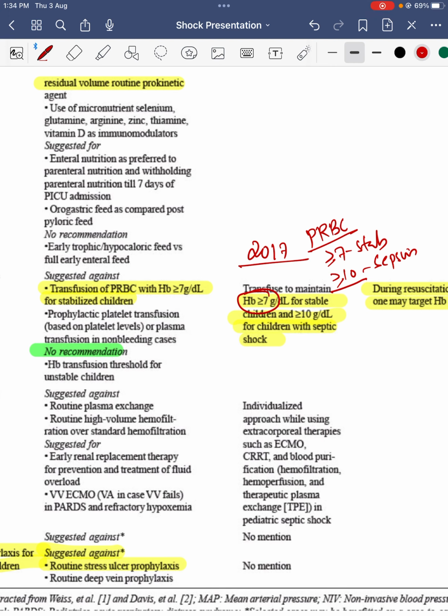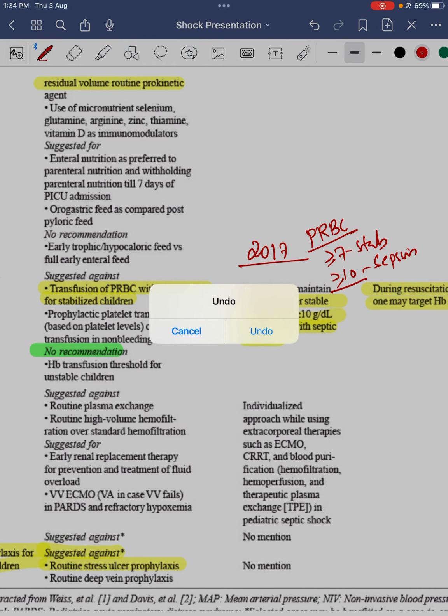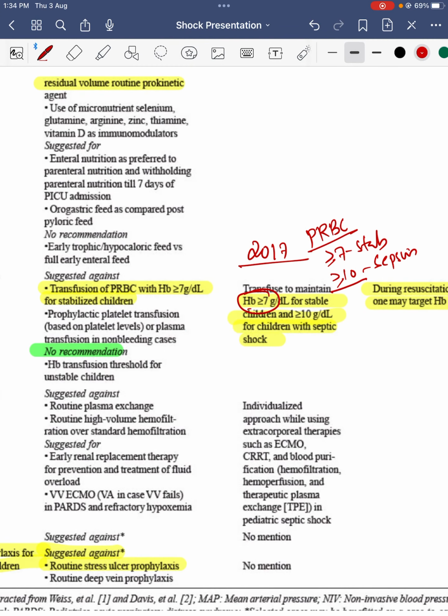To maintain that, you should be giving PRBC transfusion. Is that clear? But for a stable child, you have to give PRBC only when it falls to 7. But what does the latest guideline tell?